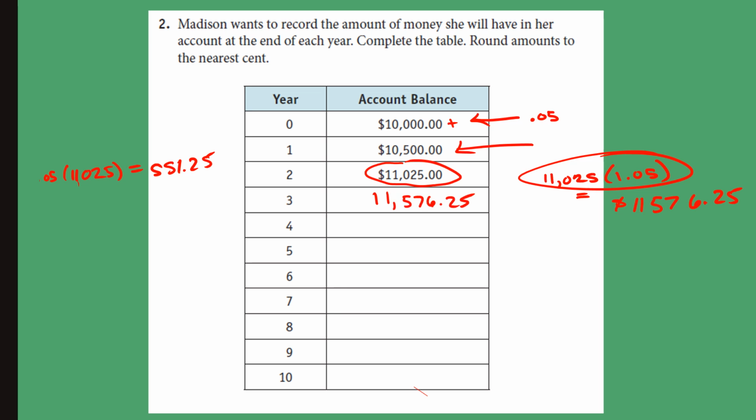You can do it either way. Keep multiplying just 5% and adding it back on, or multiply by 1.05 all in one fell swoop, whichever way you feel more comfortable with and you really understand what you're getting.